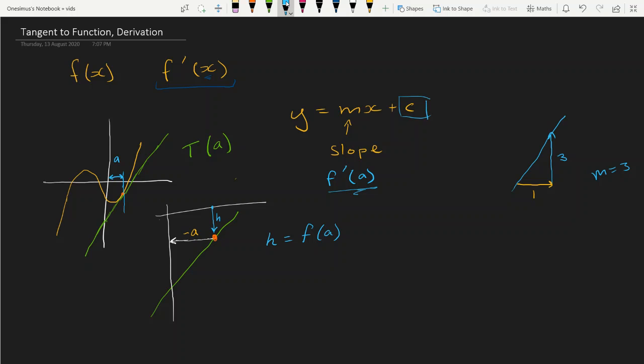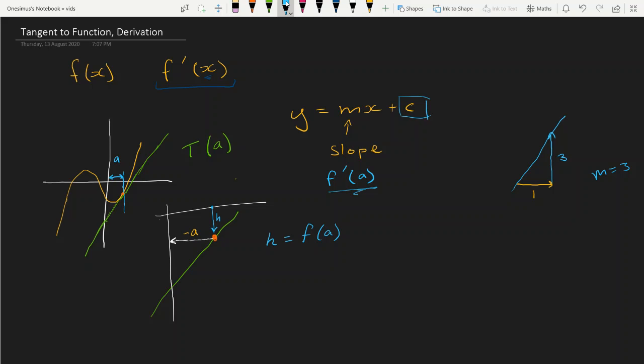It's how far it moves per unit 1. So, to find how far something moves per a, the change is going to be a times the slope. Since for 1 it changes by the slope in height, for a it changes by a times the slope in height. It's just a scaled up version of that smaller triangle with 1 and the slope.